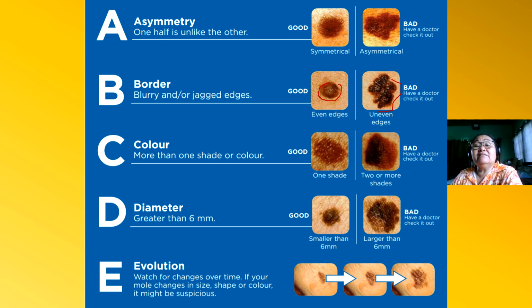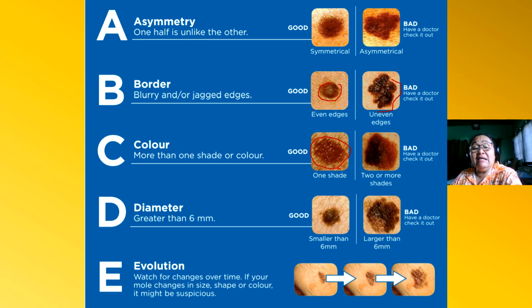And number 3 is the letter C. In healthy moles, as you can see here, this one is a healthy or good mole, they have a single shade of brown. It's only one color, which is brown.